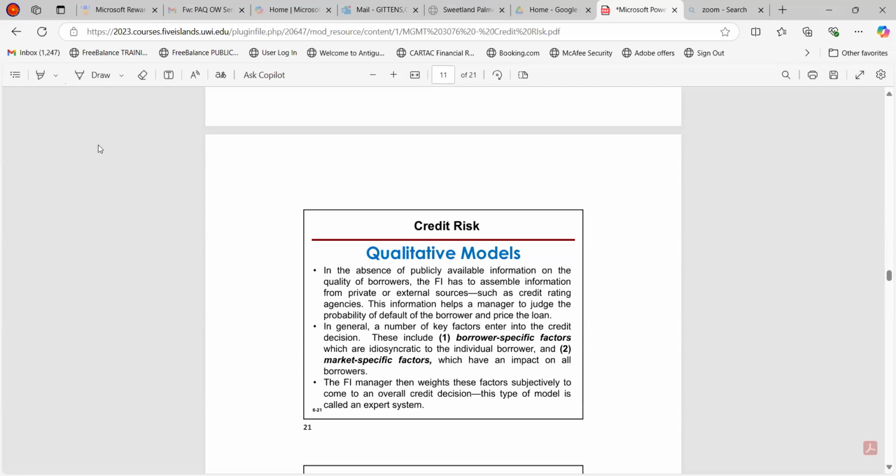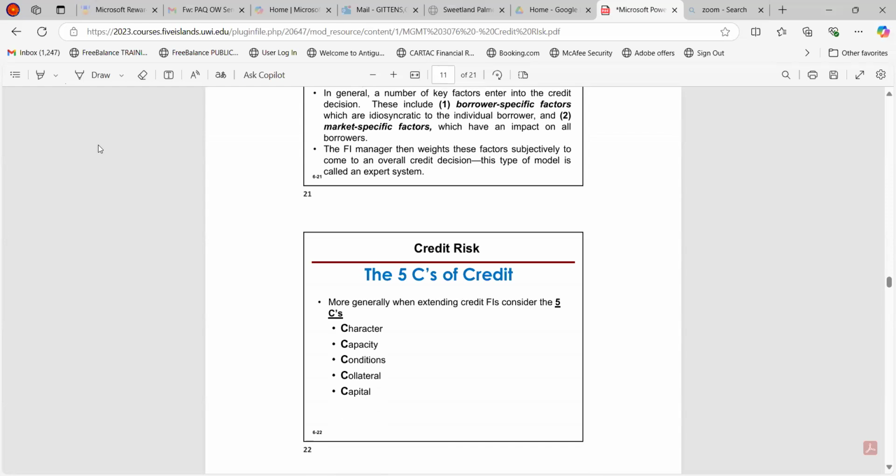And then you add to that the market specific factors, which are going to impact all borrowers. So you're talking about the systematic risk here, the factors that create that systematic risk. The financial institution will put all of these together, weigh them, and come up with a decision as to whether or not it's going to give the loan, and if it is, what pricing it's going to apply to the loan.